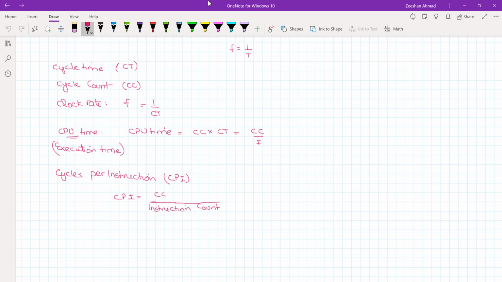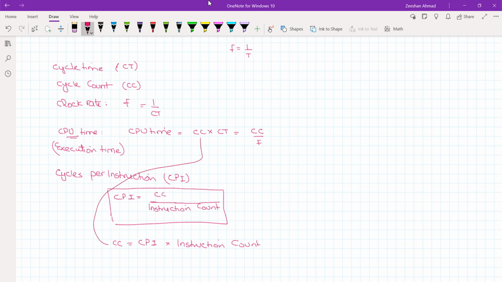Now we already said that the CPU time is basically equal to cycle count times CT. So from the CPI formula we can find the cycle count. Now, just to have multiple formulas for the CPU time, we can say that the cycle count will be equal to the CPI multiplied by your instruction count, and this information we can plug in here.